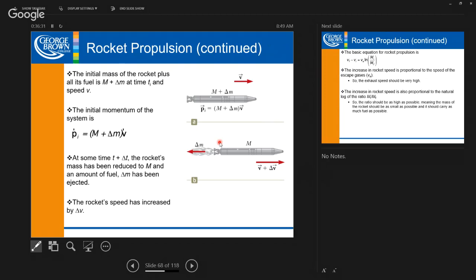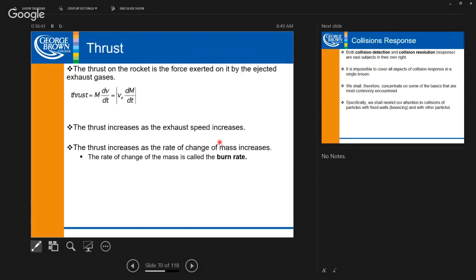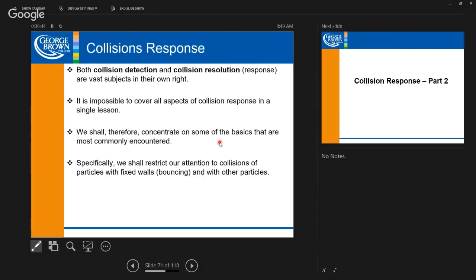It's not a constant mass, right? And it's really difficult to calculate where the rocket's going to be based on the mass, and the speed is going to also change, okay? So it's right here, and also this idea of thrust, okay? So those are the things we wanted to talk about.